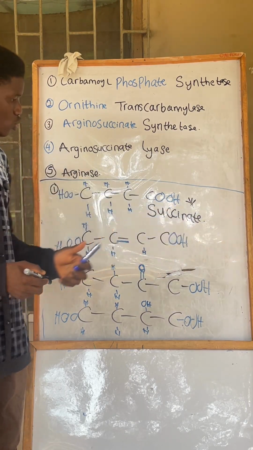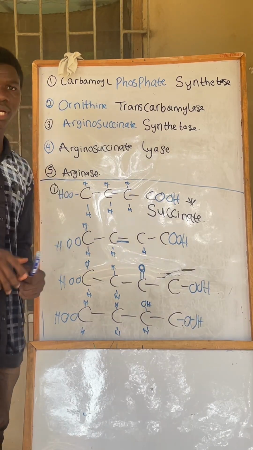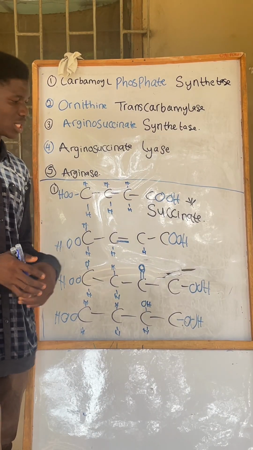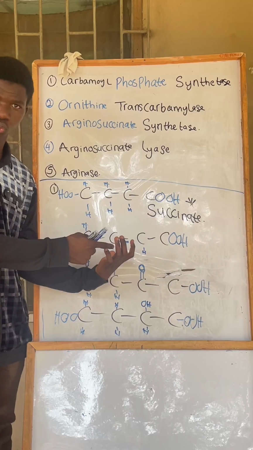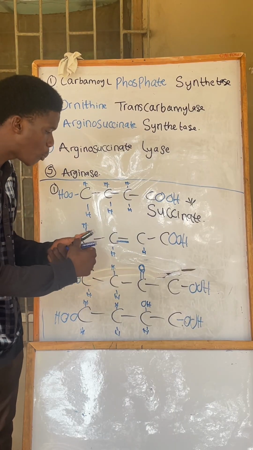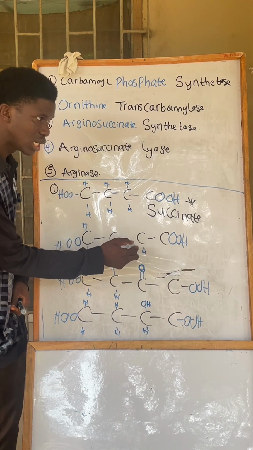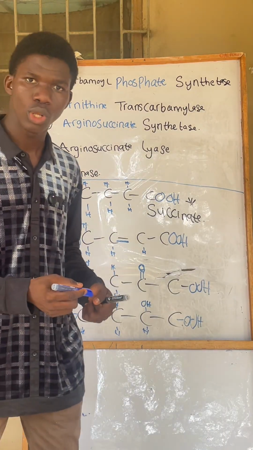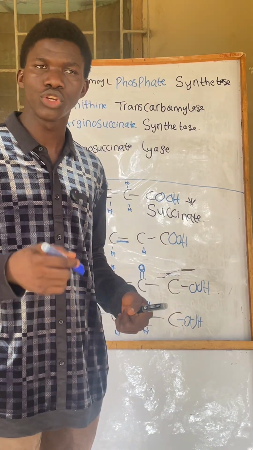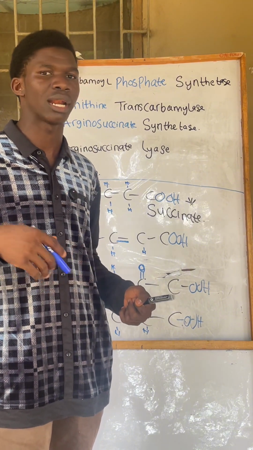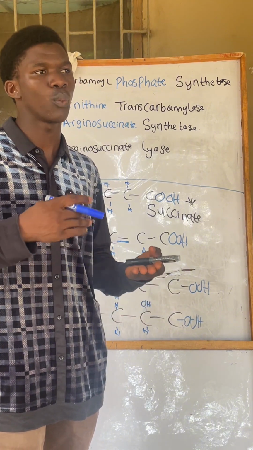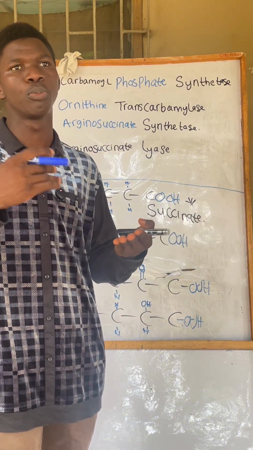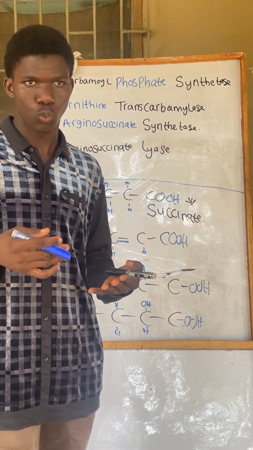Okay, succinate. The second guy, you will notice that this second guy does not have anything also, but it has a double bond between the carbons. So what do you call this guy? Don't forget your organic chemistry, your alkane and alkyne. And you know that when we have more double bonds, we get film when you burn it.